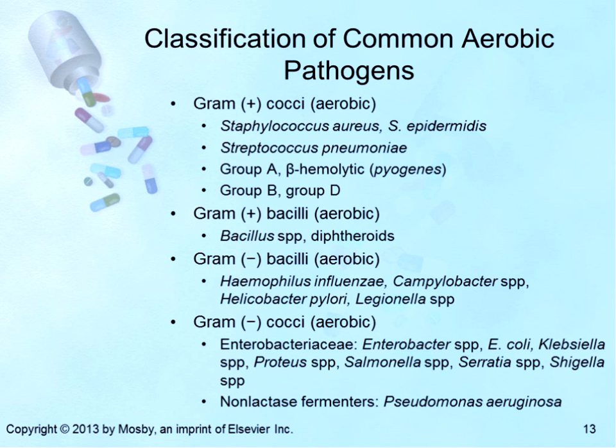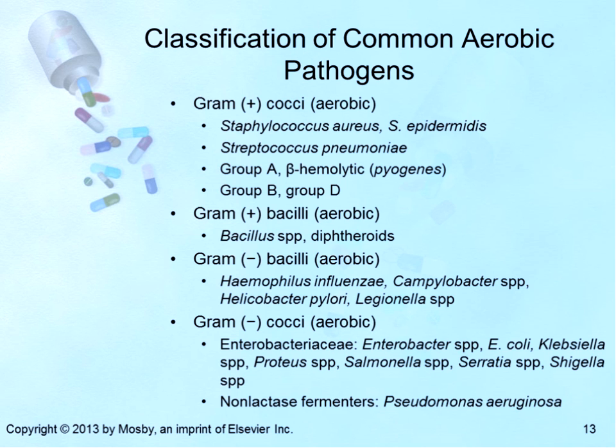We also have the gram-negative bacilli. These are aerobic. These include the Bacillus species and diphtheroids. These resist initial stain and take on a color of the red-pink counterstain in the laboratory. We also have the gram-negative bacilli.